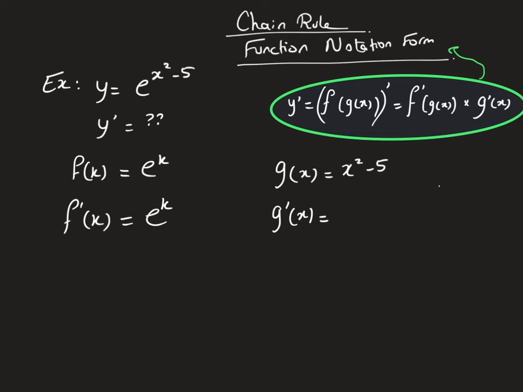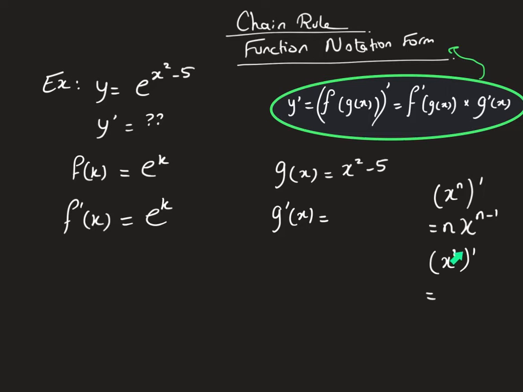The power rule says x power n prime equals n times x power n minus 1. So what's the derivative of x squared? Here I have exponent 2.